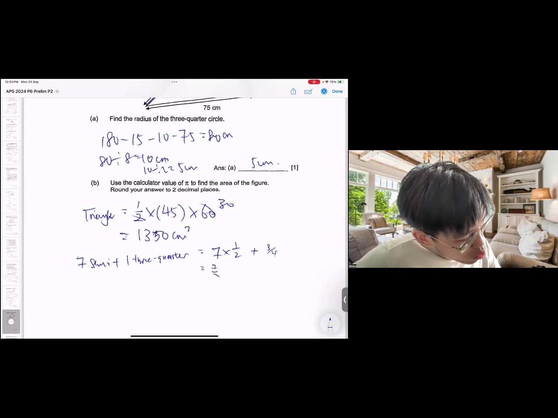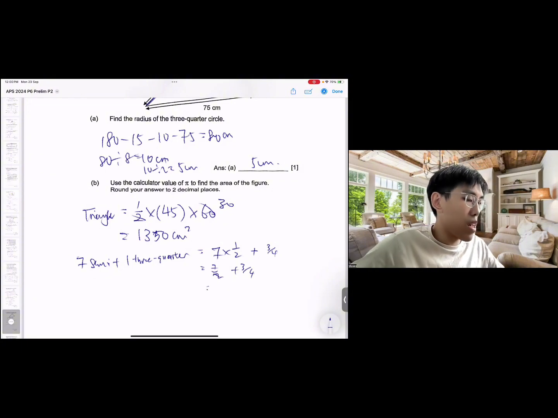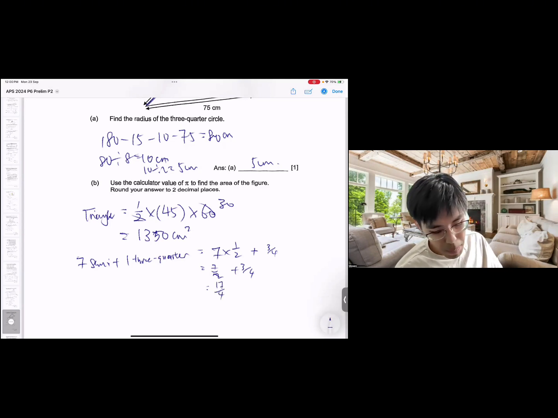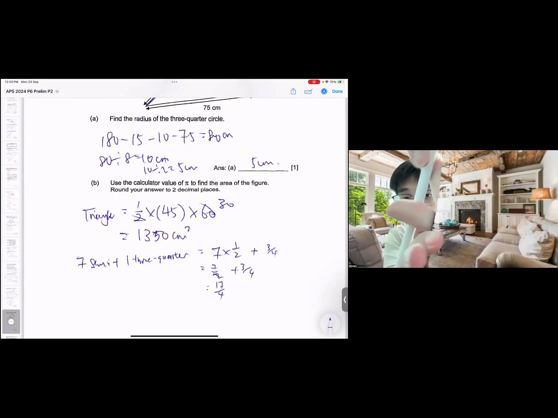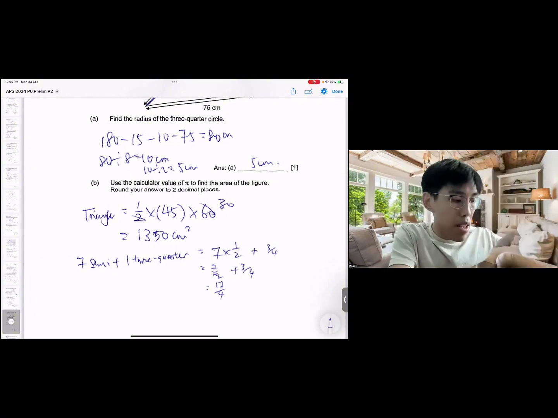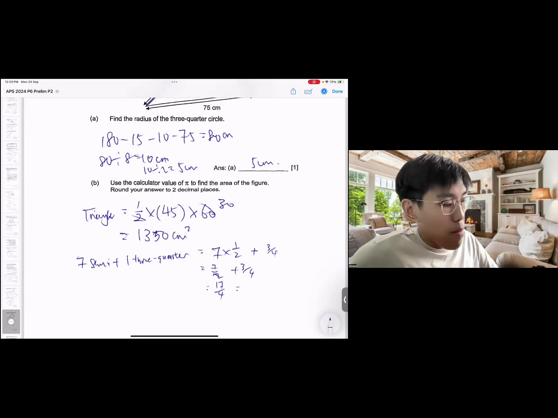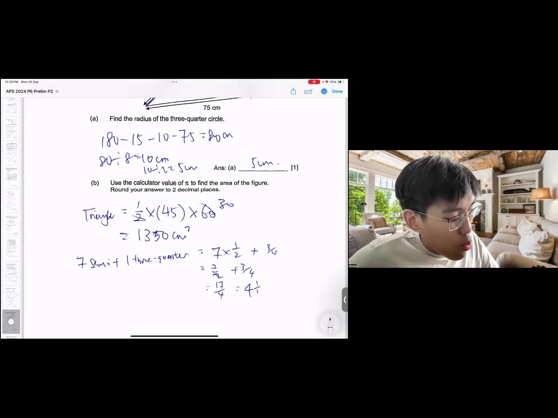So it's 7/2 plus 3/4, which is 14/4 plus 3/4, so 17/4. What does this mean? If I put it into a mixed number, you'll see better. It's actually 4 1/4.